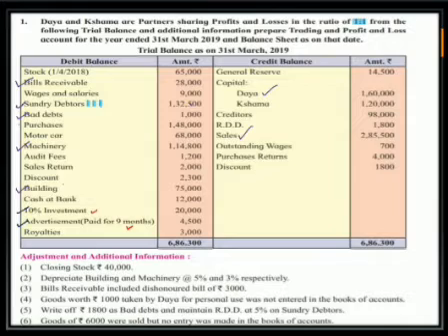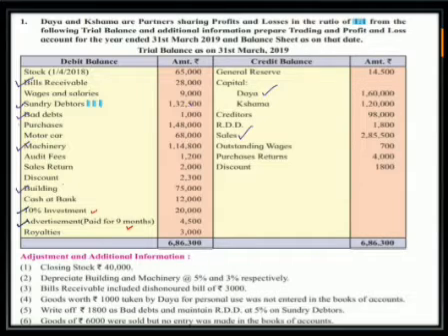Now opening stock is given. Bills receivable comes under the balance sheet asset side. Wages and salaries come to the trading account debit side. Sundry debtors, balance sheet asset side. Bad debts, profit and loss account debit side. Purchases, trading account debit side.